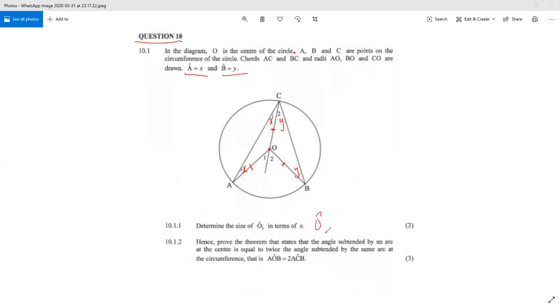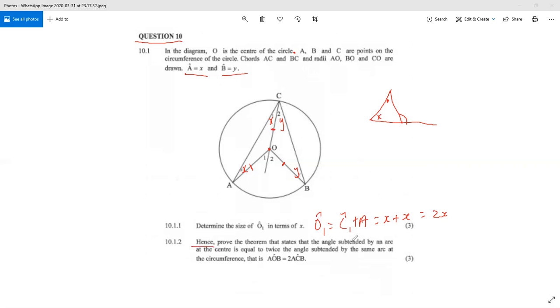So if you remember back in grade 8, when you started learning geometry, if you had this angle and this angle, then you knew that this angle here is that plus that. We're going to use this same old concept right here. So O1 is actually C1 plus A, which is x plus x, and that is 2x.